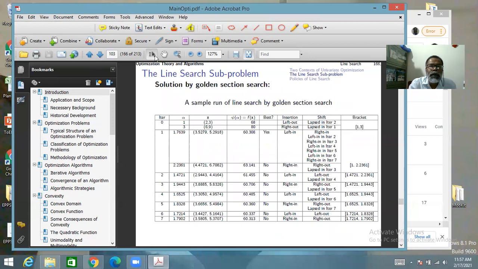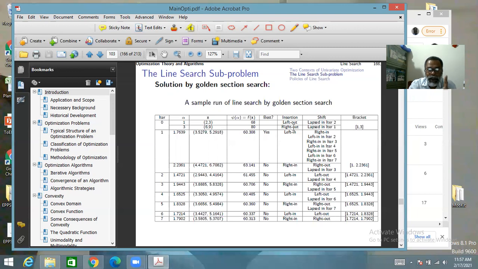Okay. So in iteration 0, that is before iterations start for golden section search, for alpha equal to 1, 2, and 3, we have the values. These are the x values. These are the psi alpha values which we are minimizing. And in the golden section framework, this is the left out point, this is the right out point.